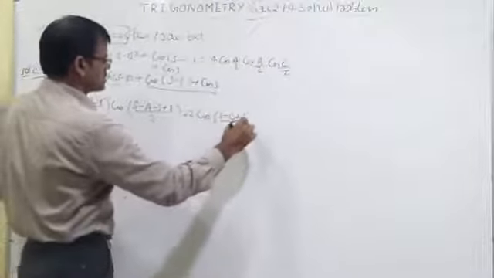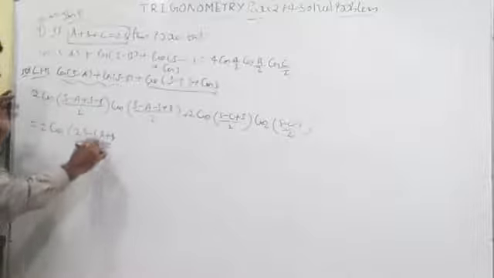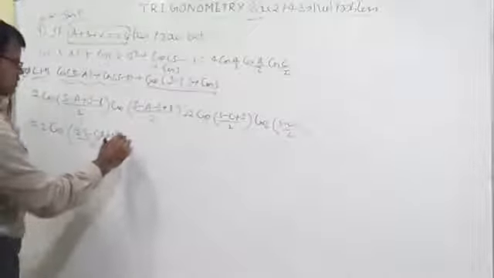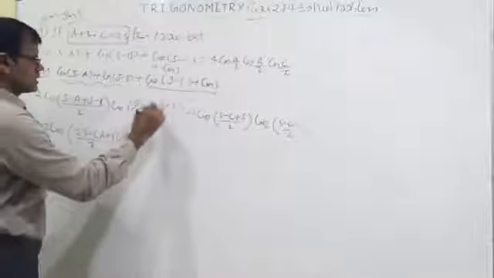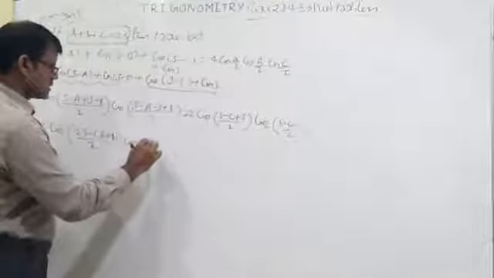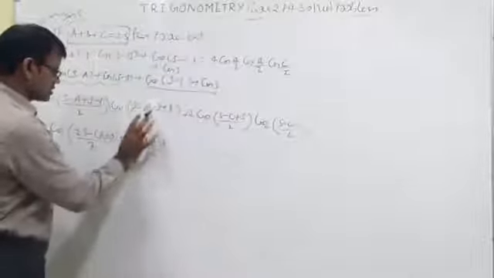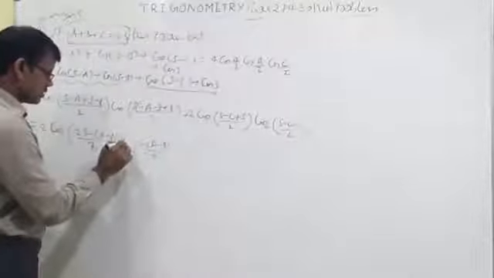Here you can write 2 cos of (2S minus (A plus B)) by 2 into cos of, S gets cancelled and minus taken common here. Within the brackets you can write like this, cos of (A minus B) by 2.